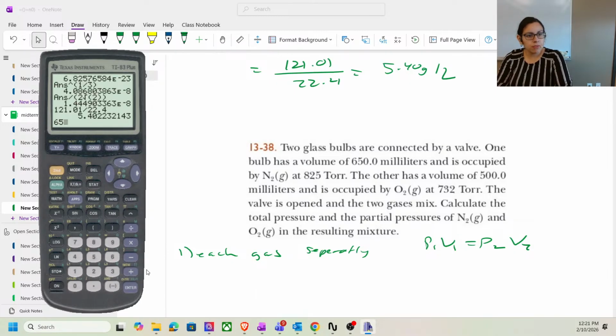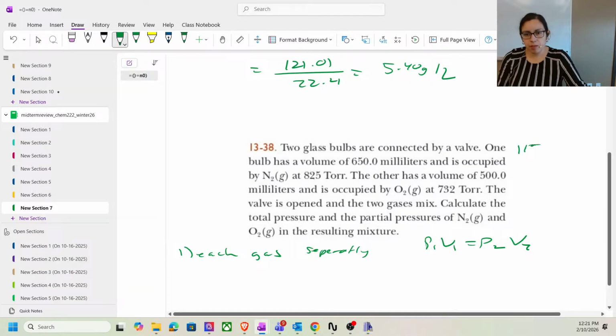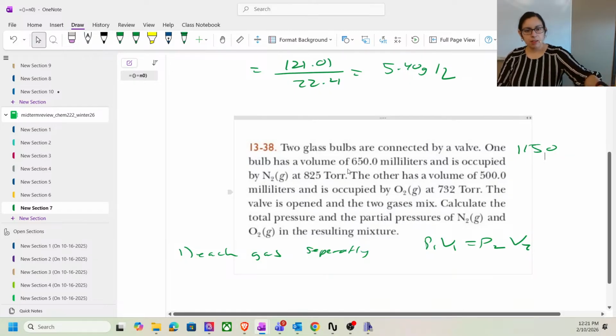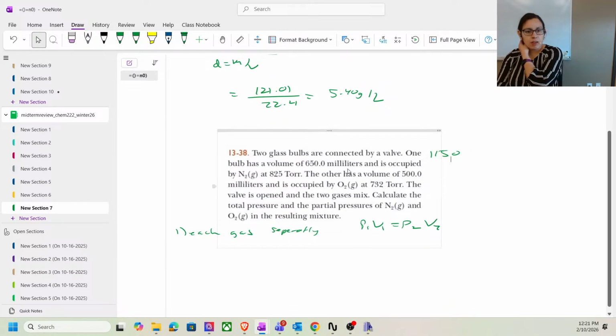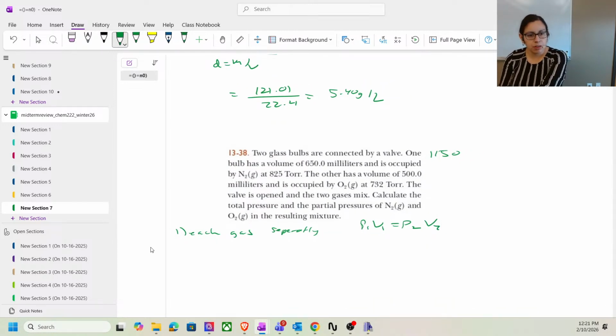So 650 plus 500, so 1150 for our final volume. And so then we can just do P1V1 and get our new pressure and then add them at the end there. So let's check how y'all did on this one.